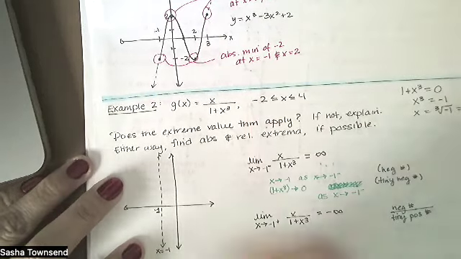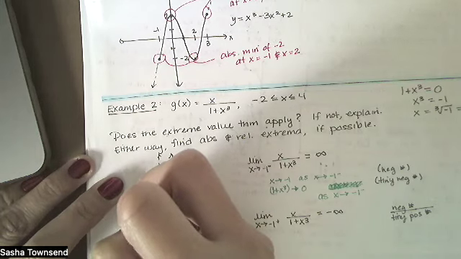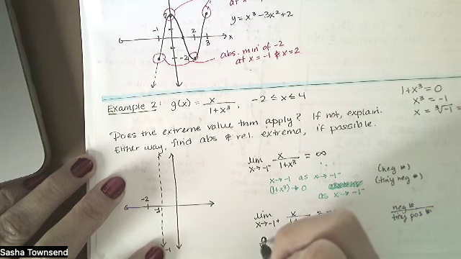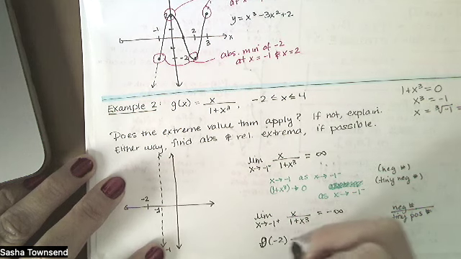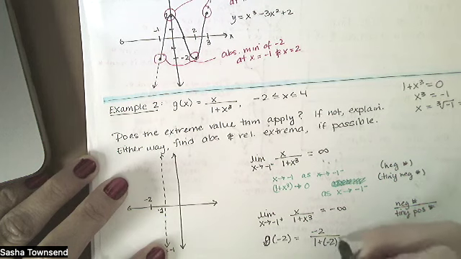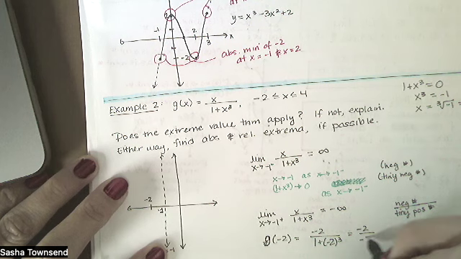At x equals -2, we can find the function value. Oops, not f, g. We have -2 divided by 1 plus -2 cubed. That's -2 divided by -8 plus 1, which is -7, or 2/7.